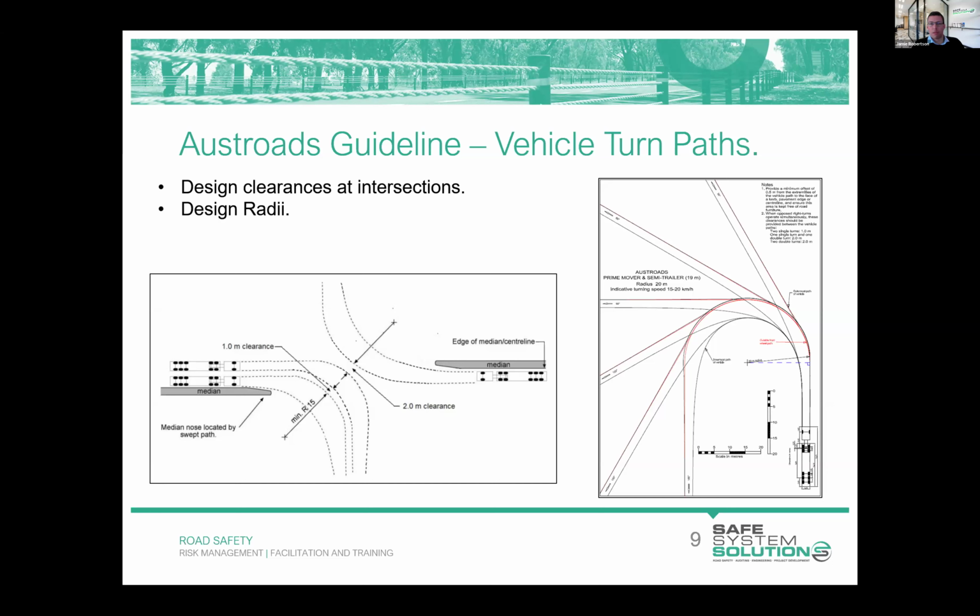The choice of design and check vehicle might vary between different movements, but the design vehicle is the one that we expect to come along on a regular basis. We also want to ensure that the design caters for a larger vehicle again, which we call the check vehicle, which might be that oversized vehicle that comes along once in a while.